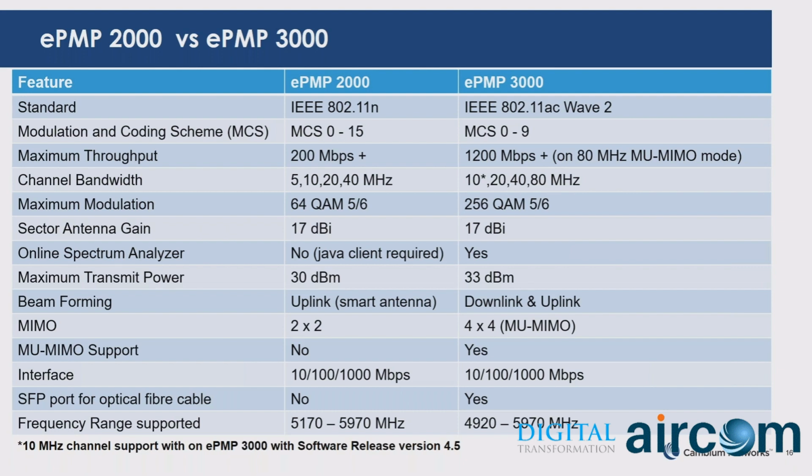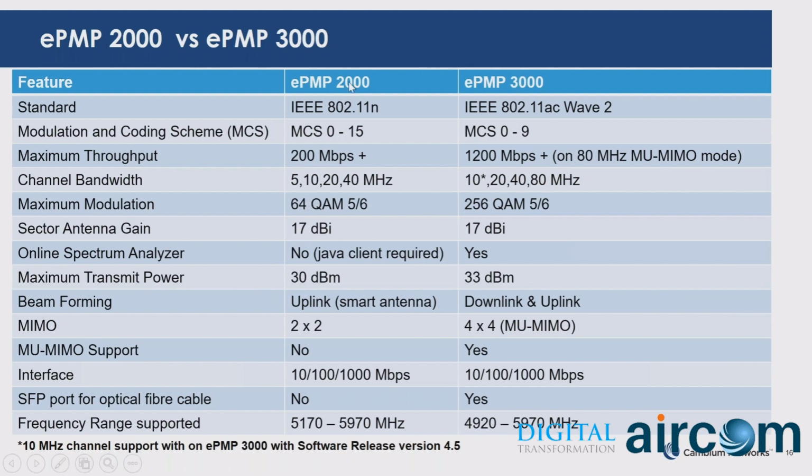But there is a condition for you to achieve that. That is when you have increased your channel size from 40 to 80, and you have multi-user MIMO in place, and your link is short enough for you to achieve the highest modulation, which is 256 QAM. So you can see the channel bandwidth support.